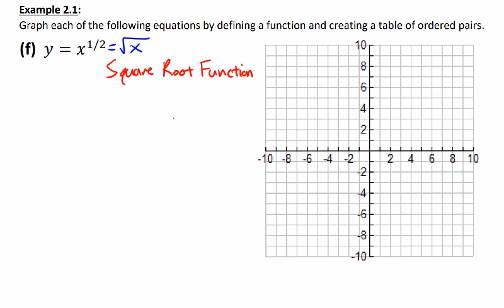The function definition, though, we have to be really careful about this. Earlier in section 1, we discussed the domain of a function, and we know that there are two things that can be problematic with an equation, and one of those is a square root.